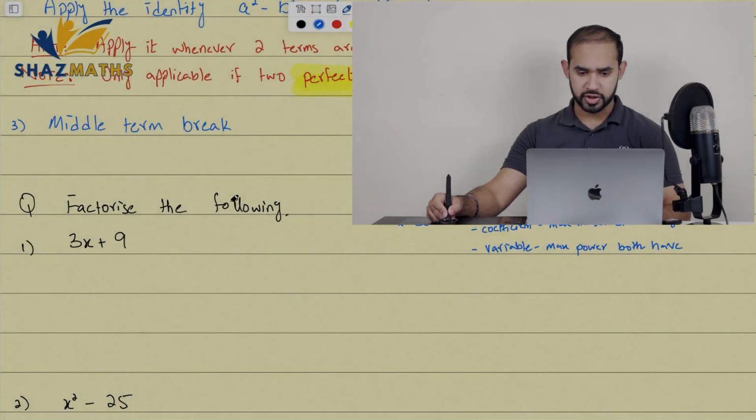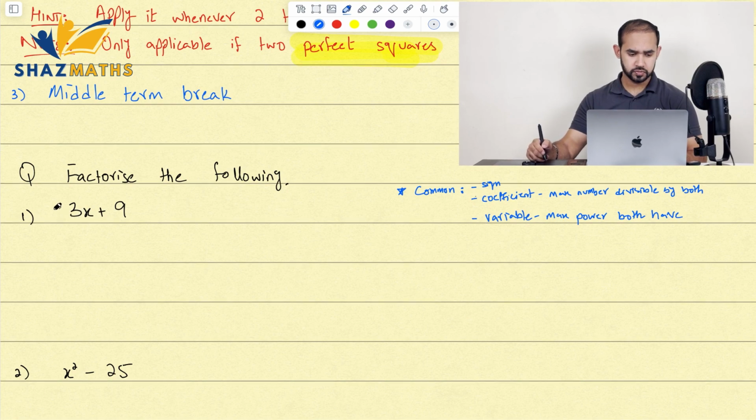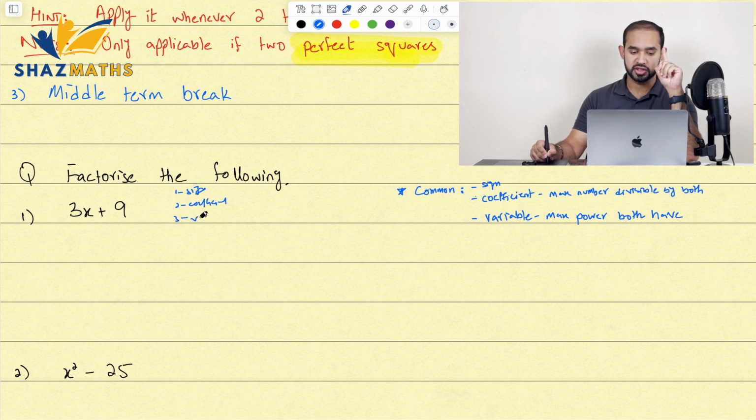In this example number 1, have a look here. We have two terms involved, 1 and 2. Always remember a term contains three things. The first one is sign, the second one is coefficient, and the third one is the variable, and then the exponent of the variable as well.